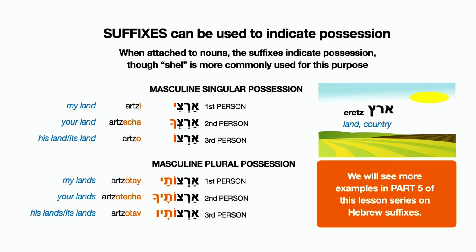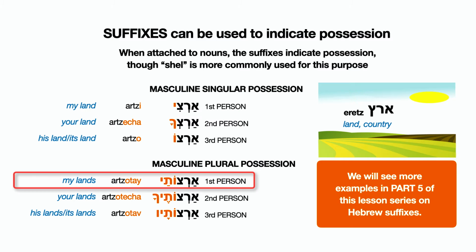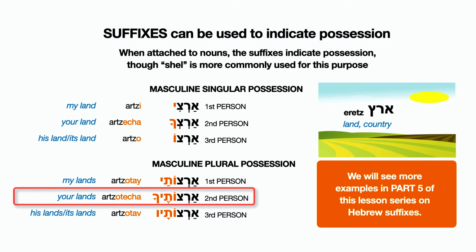Now, how about plural forms? So we're talking about lands here, several lands. If I'm a male person and I want to say my lands, I would say artsotai. And if I want to say your lands, talking to one male person, I would say artsotecha.